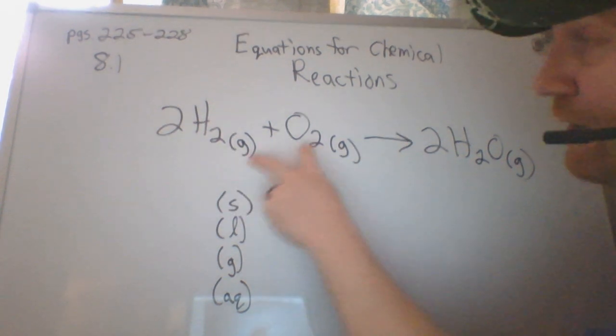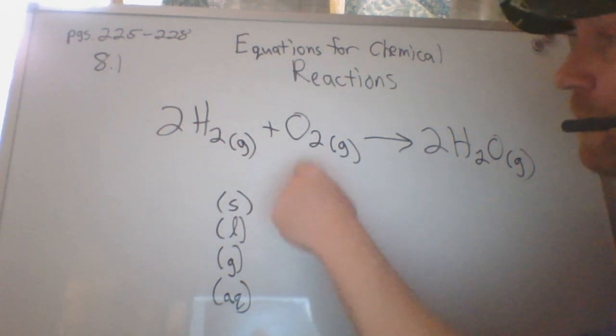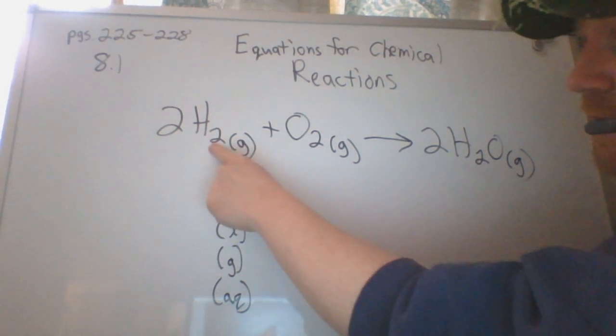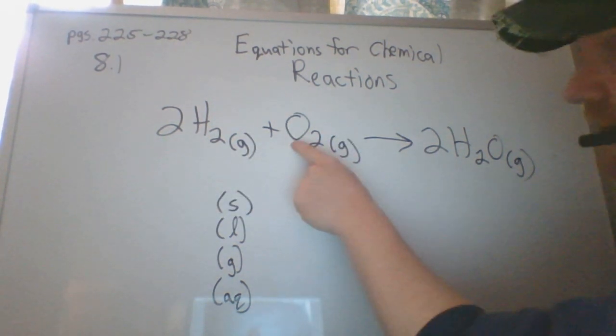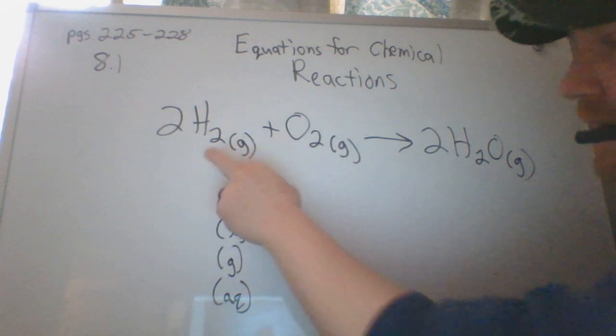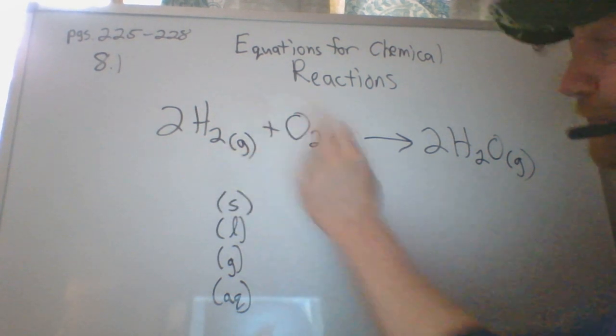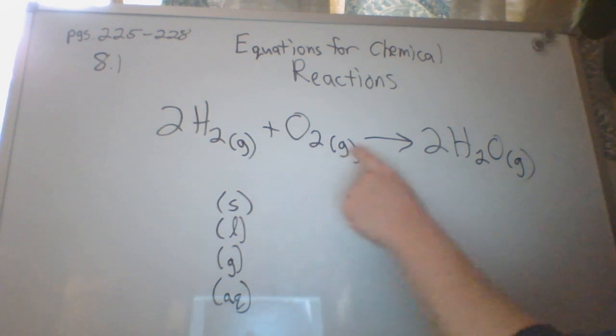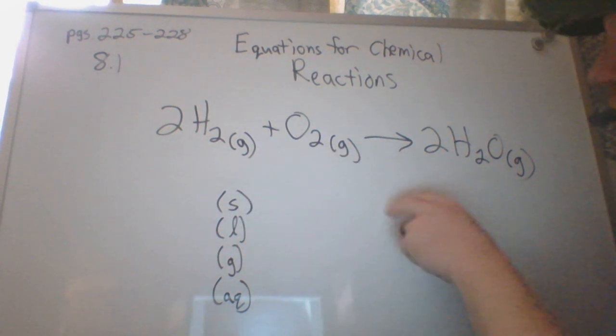So what we have here on the left-hand side, we call the reactants. This chemical here is a reactant. This chemical here is also a reactant. We have hydrogen gas here, as well as oxygen gas. I'll talk about these states of matter in just a second.